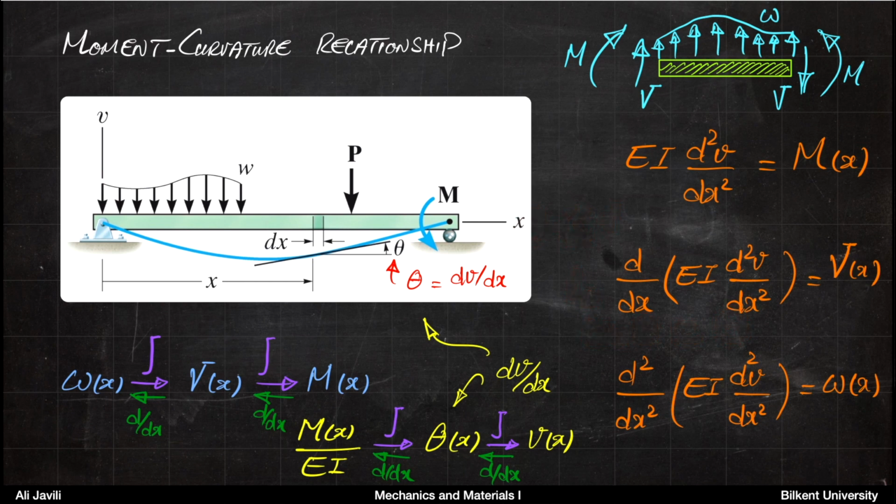Okay, so everything that you see in this slide is what you need to calculate the deflection of a beam, or to calculate the so-called elastic curve. What we are going to do next is to solve for the elastic curve of a few examples together.